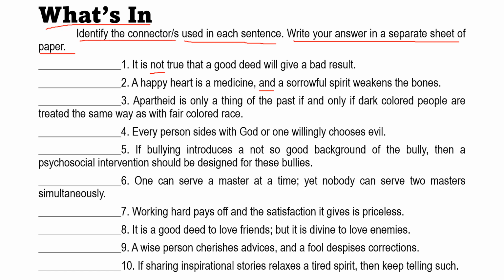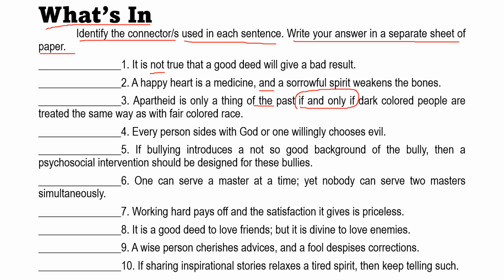Next, for sentence number three: apartheid is only a thing of the past if and only if dark-colored people are treated the same way as the fair-colored race. So there is an "if and only if" here that will serve as your logical connector.